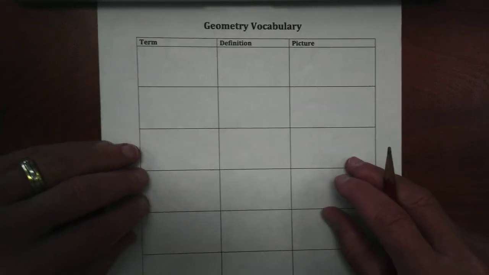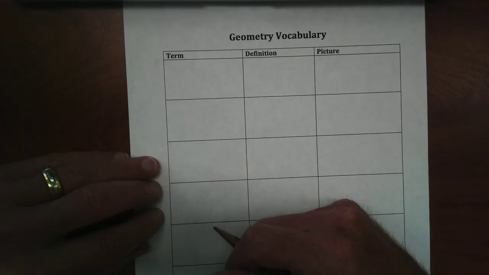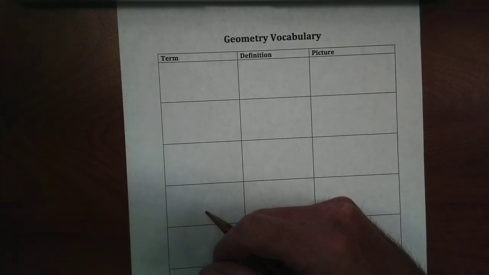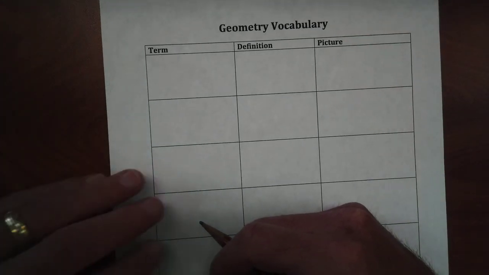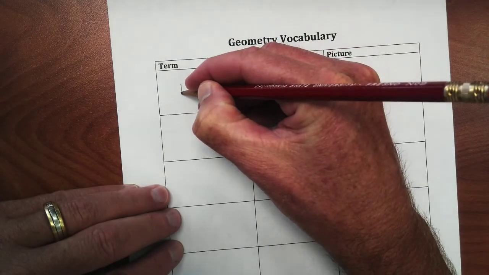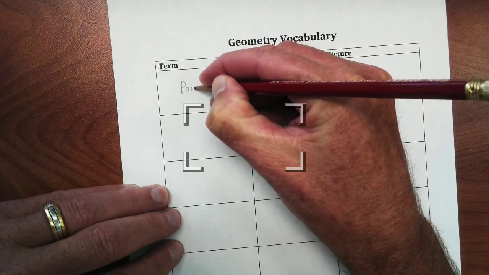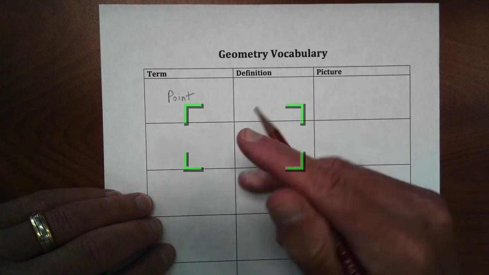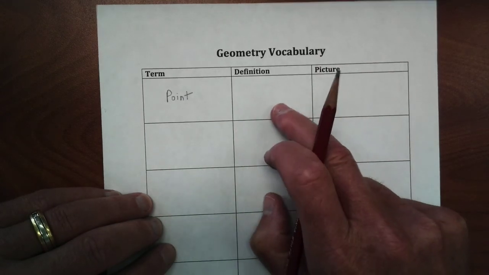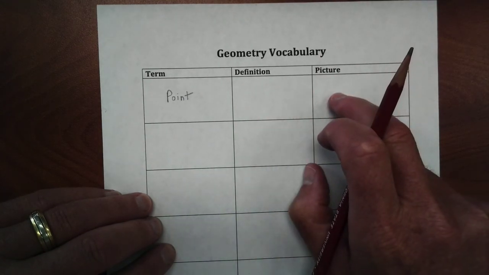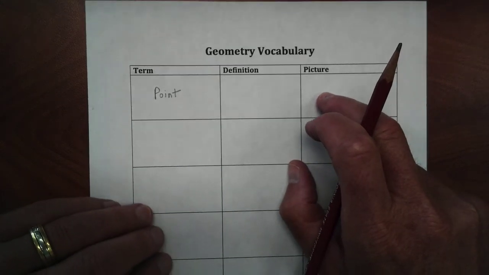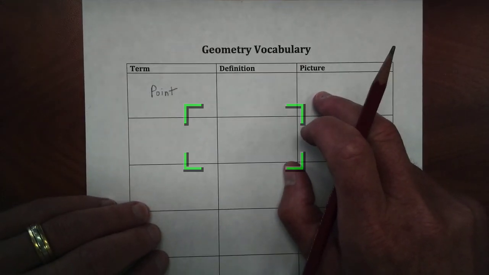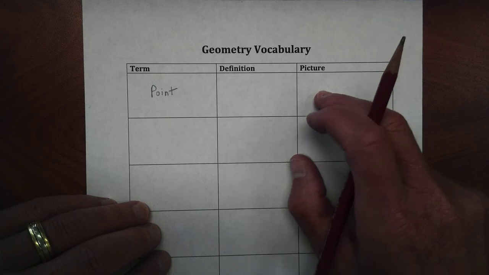All right, so we will jump right in and start with the most basic term in geometry where everything begins, and that's with a point. So you'll be writing the term, we'll have a definition and a picture, okay, for pretty much all of the terms that we'll cover today.